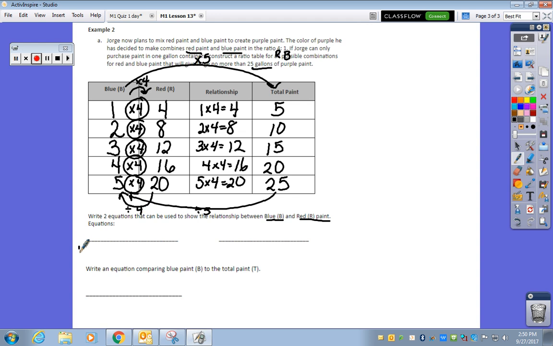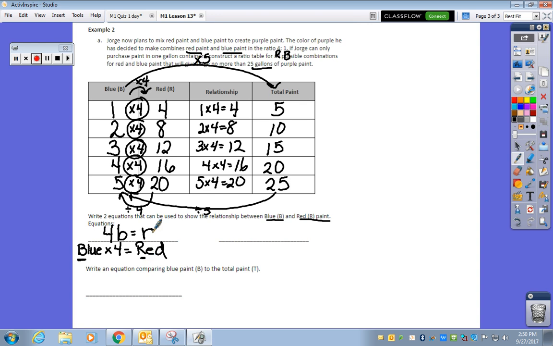So in other words, I took the blue paint, multiplied it by 4, and that gave me the red paint. Again, I want to write this in algebraic form, which means if I'm multiplying, the number goes first, directly attached to the variable. So 4 times blue, or 4b, would be equal to the variable for red, or r.